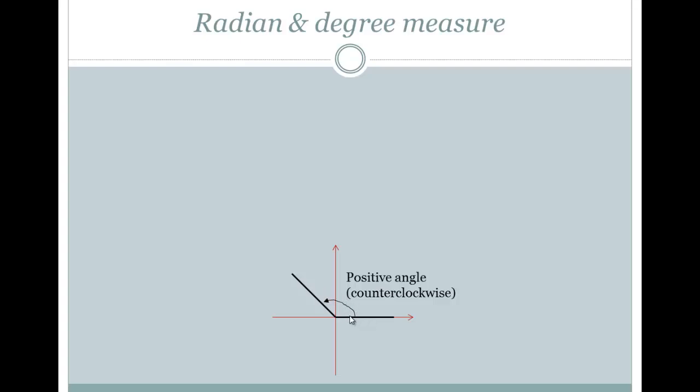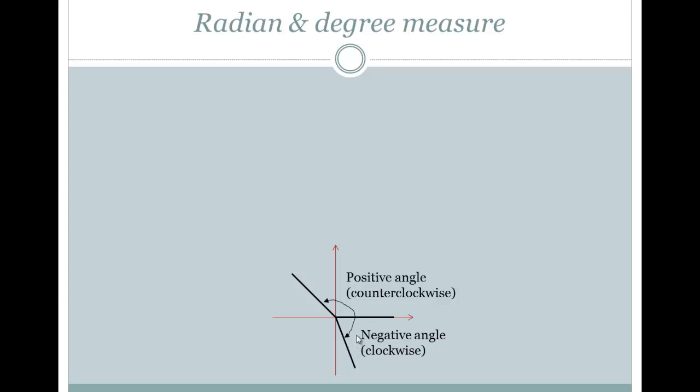If I have an angle here and I'm measuring off the positive x-axis and going this way, that's standard, and I have a positive angle. If I go in the opposite direction, clockwise, that angle would be negative.